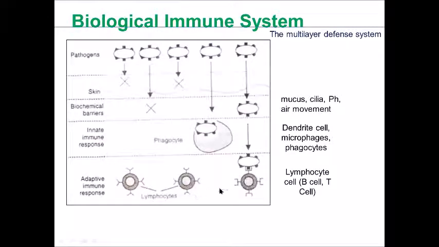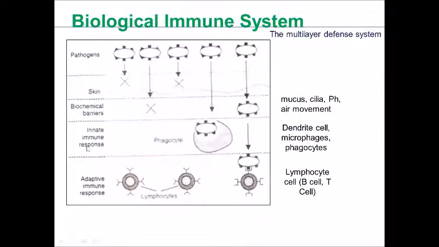The adaptive is the last defense, whereby the lymphocyte and the B cell will function. So normally in artificial immune system, the theories that we replicate are by replicating the innate immune response and also the adaptive immune response.